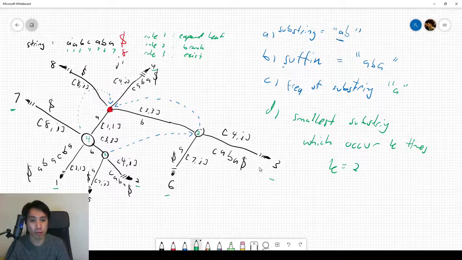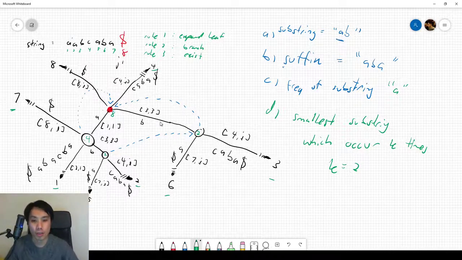This node has 2 leaves, this node has 2 leaves, my node here has 4 leaves, my node here actually has 4, 2, 5, 6 leaves. Is it 6 leaves? No, it's 8. 1, 2, 3, 4, 5, 6, 7, 8. I can do maths. So here will be 8.